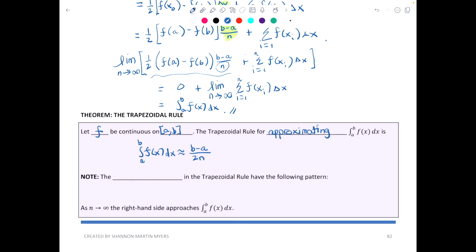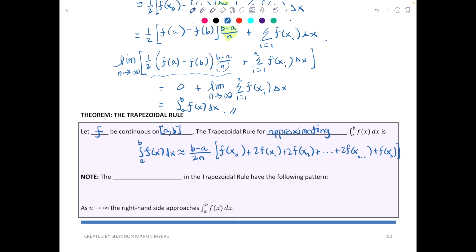And then that will be times f at x0 plus 2 f at x1 plus 2 f at x2, and then all the way down to 2 f at x n minus 1 plus f at xn.